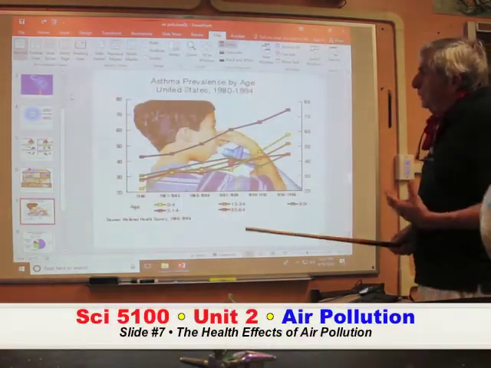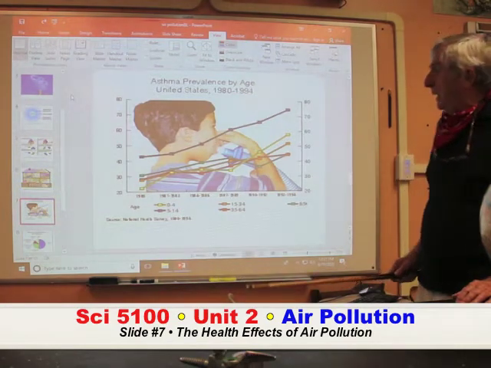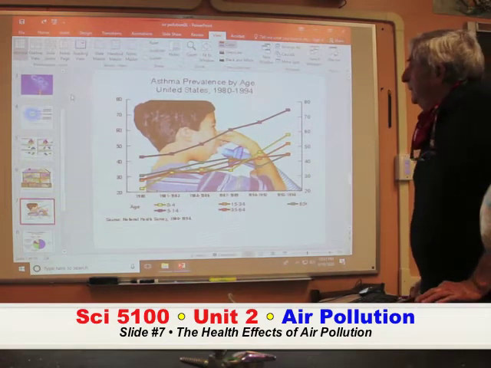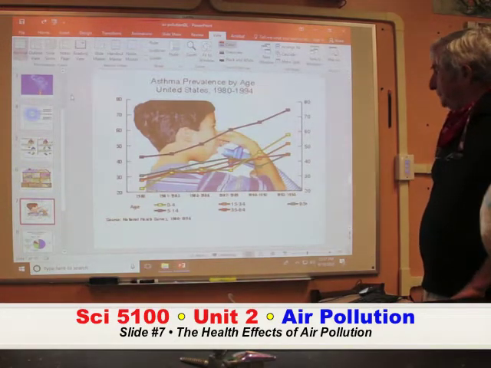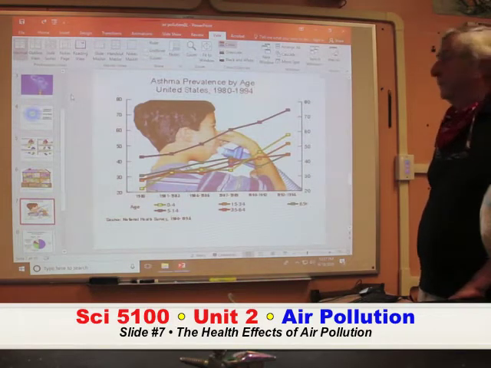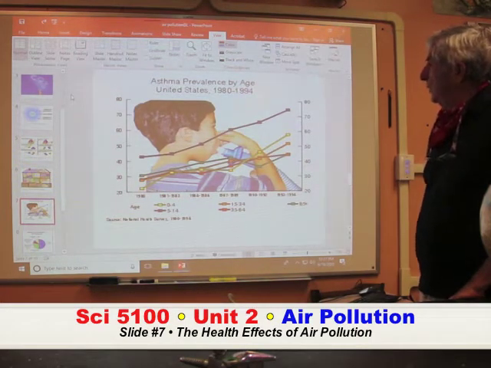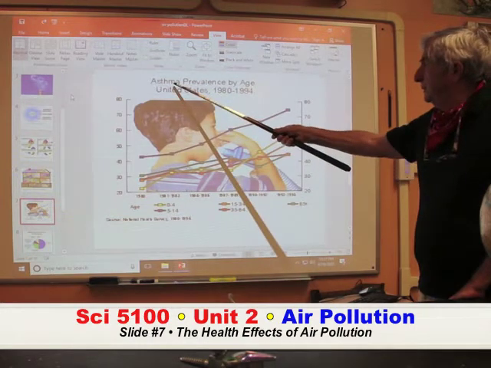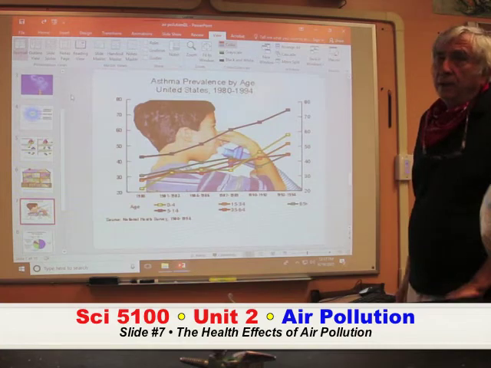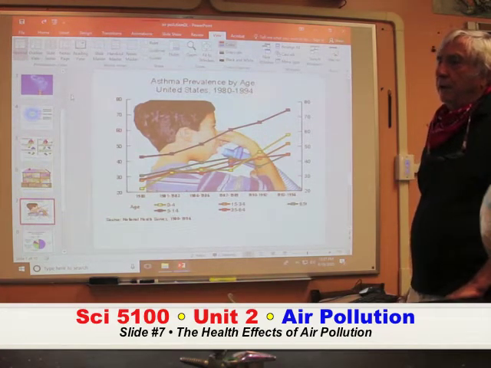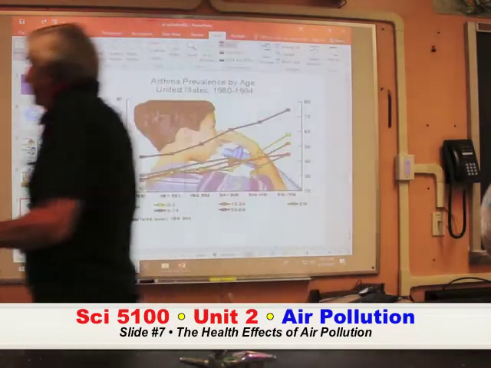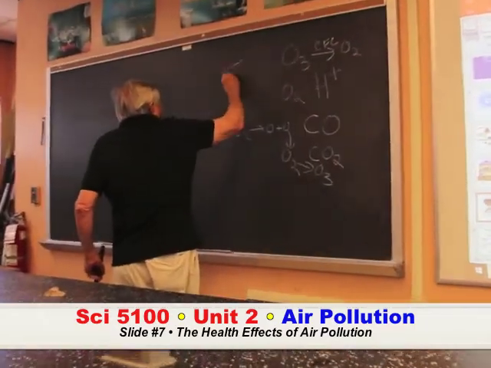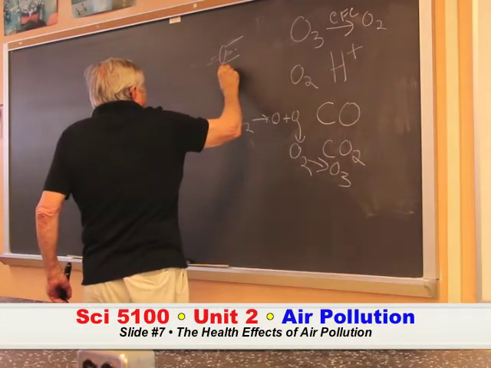The result of all of this, of air pollution, is that it affects our lungs. And here you have a case of someone holding his nose and taking in oxygen. Why is he taking in oxygen? Well, he happens to have a condition called asthma, as you can see here. In asthma, there's an irritation of the air tubes inside the lungs that, instead of being of a normal size that carries air back and forth, are much smaller.